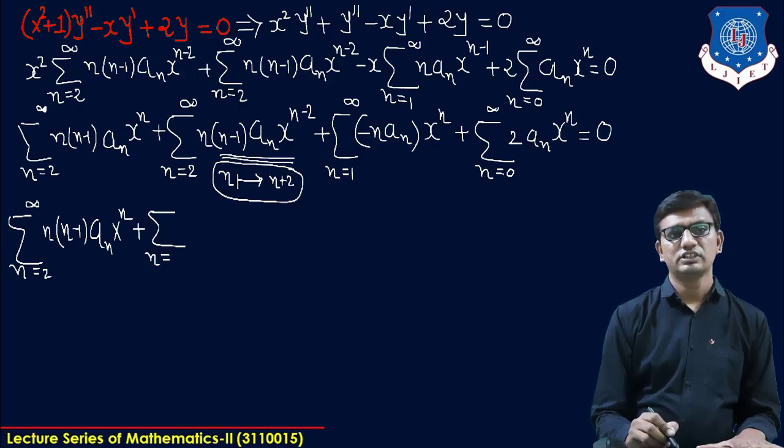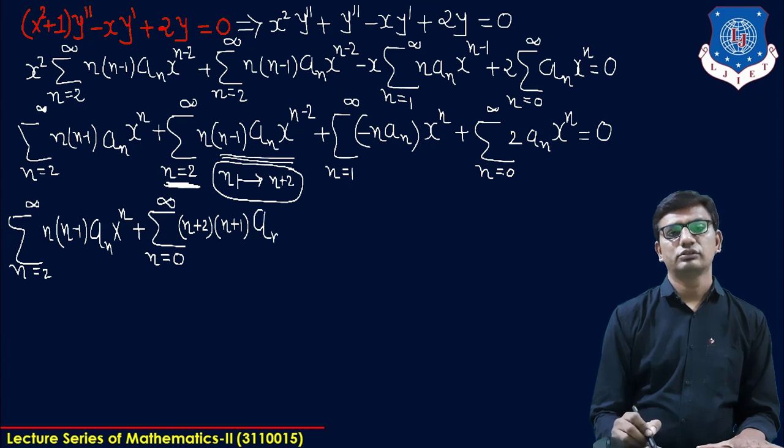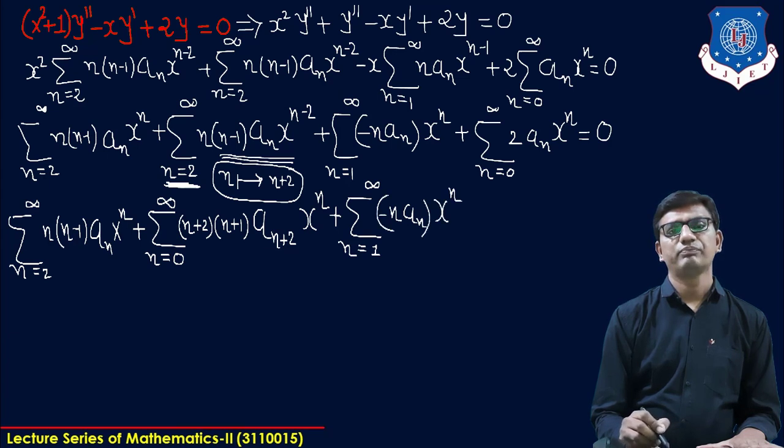Now here we replace n by n + 2, so we have Σ (n = 0 to ∞) (n + 2)(n + 1) an+2 x^n, plus Σ (n = 1 to ∞) (−n) an x^n, plus Σ (n = 0 to ∞) 2 an x^n.